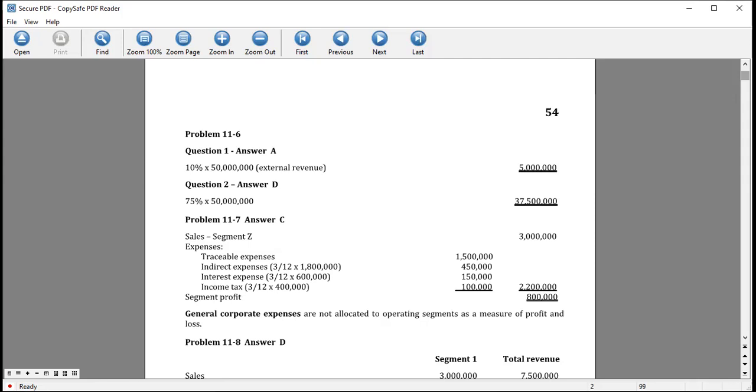Now in 11-7, what is segment C's operating profit? The company discloses supplemental operating segment information. The following is available for the current year, for X, Y, and Z, segment sales and traceable expenses. Then we have the additional expenses, including indirect segment expenses, general corporate expenses, interest expense, and income tax expense.